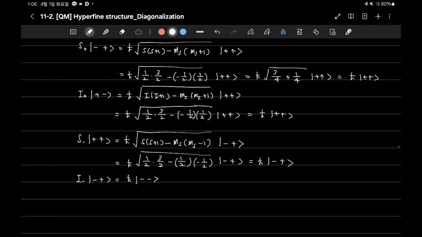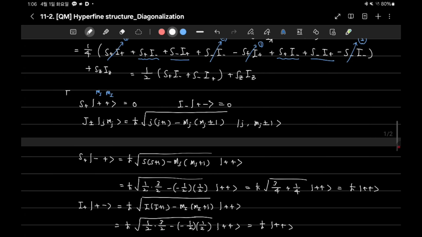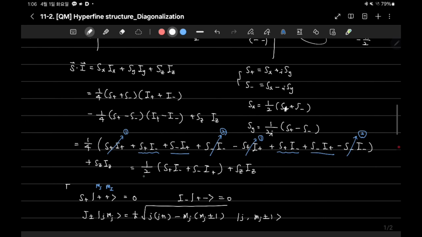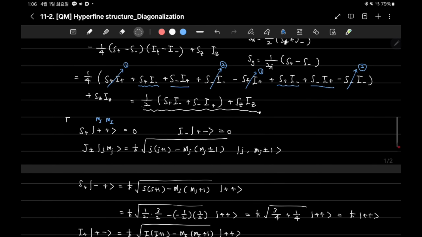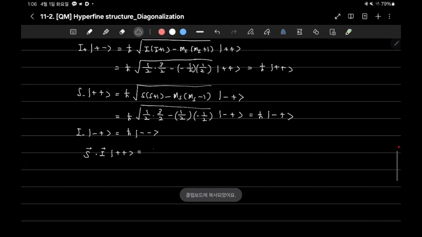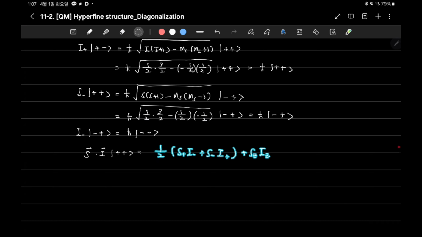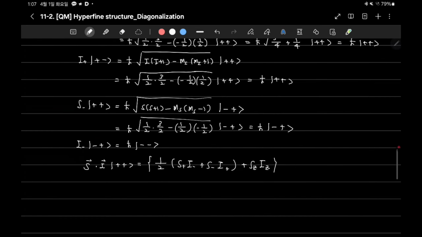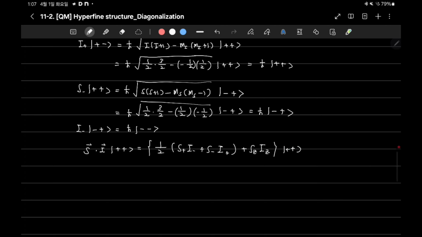So now we should calculate the s dot i. If s dot i is applied to the spin up and up state, s dot i is defined by this relation, so we should copy this and apply it to the spin up state.